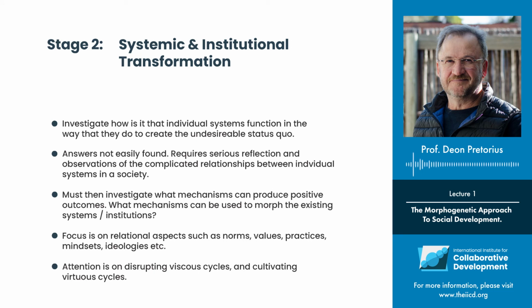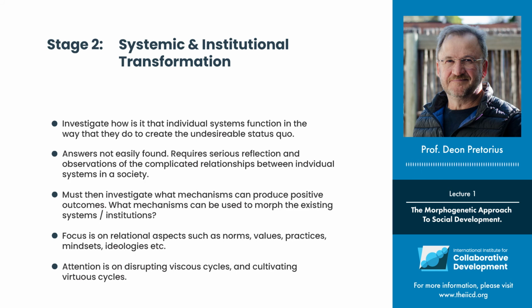And the things that we need to look at are usually not manifested in a physical and concrete sense of the word. The things that we typically should focus on are not easy to identify. They're invisible, they're relational, they're interactive. They have to do with societal structures which are not physical structures, but are institutions that are made up of things like norms and values and practices and powers and capacities and resources, mindsets, attitudes, ideas, ideologies.